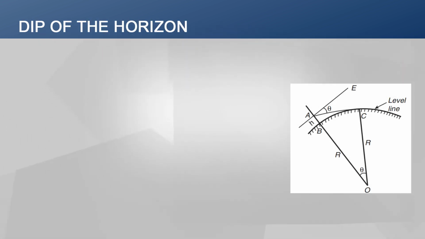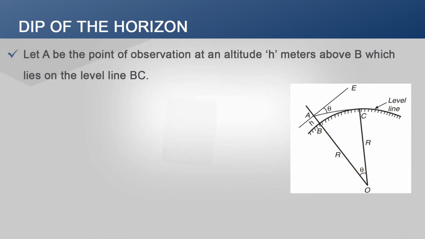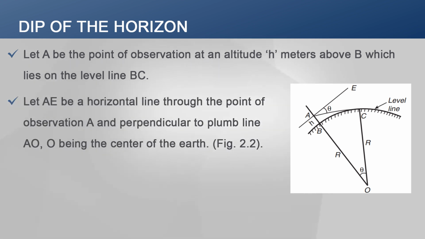So, our next topic is depth of the horizon. Let A be the point of observation at an altitude h meters above B, which lies on the level line BC. Let AE be a horizontal line through the point of observation A and perpendicular to the plumb line AO, O being the center of the earth, as shown in the figure.